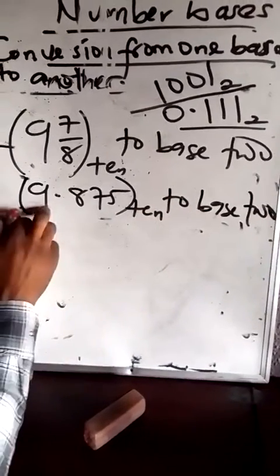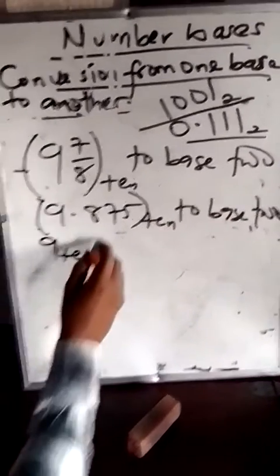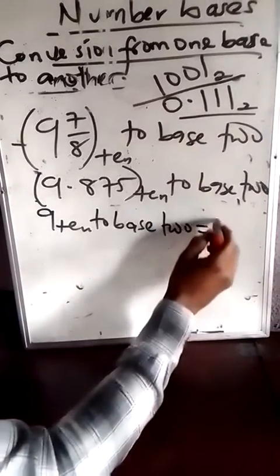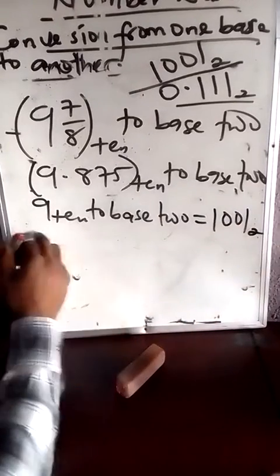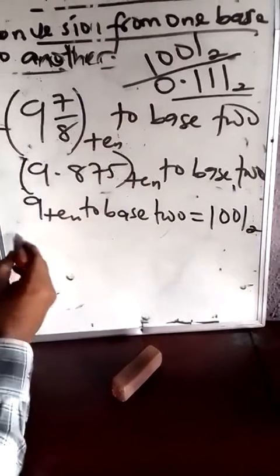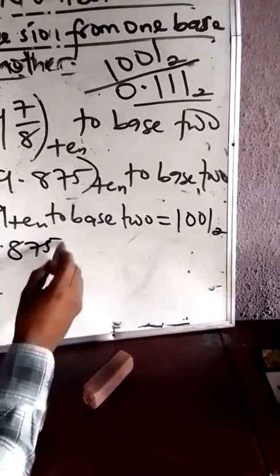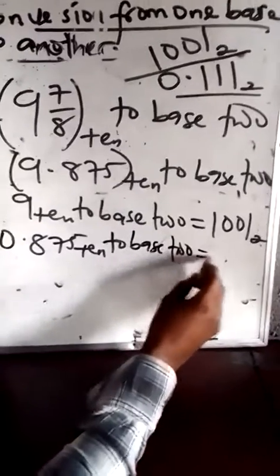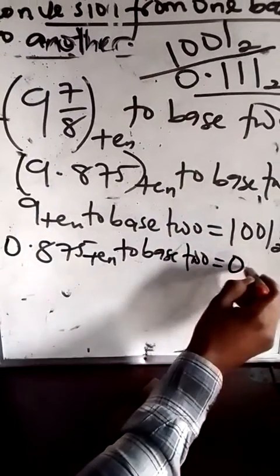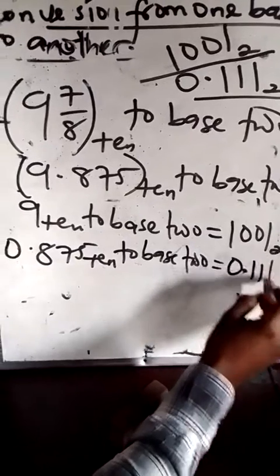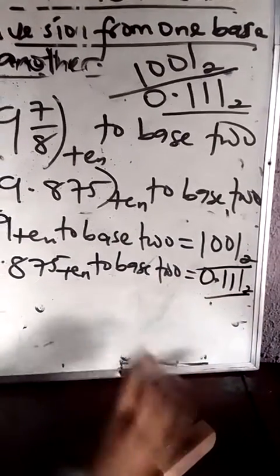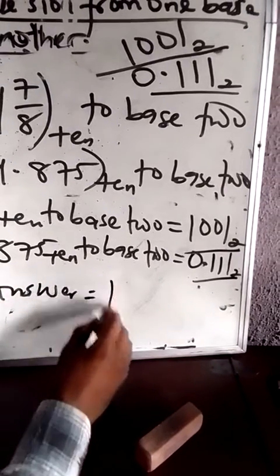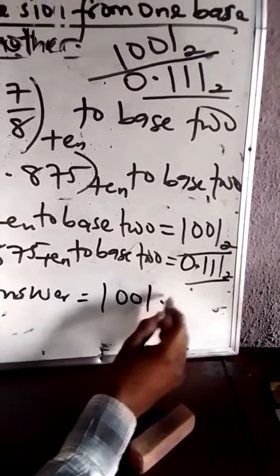After we did this one, 9 base 10 to base 2, we got 1001 base 2 by division. And this one, 0.875 base 10 to base 2, we got 0.111 base 2. So our answer is going to be 1001.111 base 2.